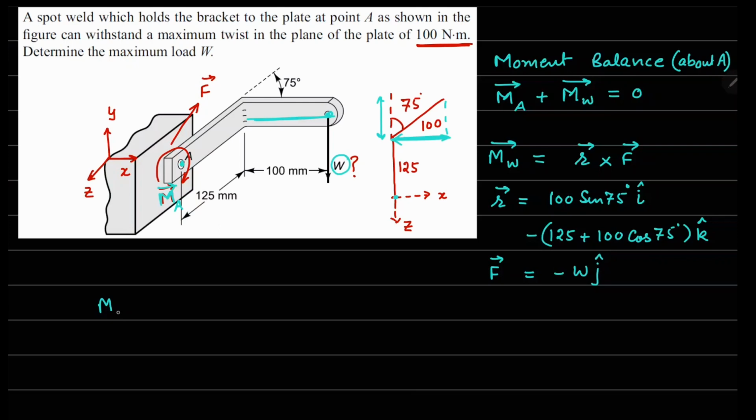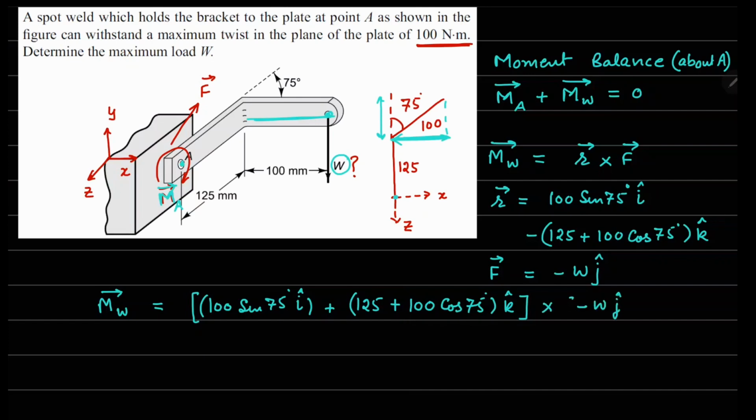So if you calculate MW here, MW is going to be 100 sine 75 i cap plus 125 plus 100 cos 75 degrees, this is k cap, and this whole thing is going to be crossed with minus W j cap.